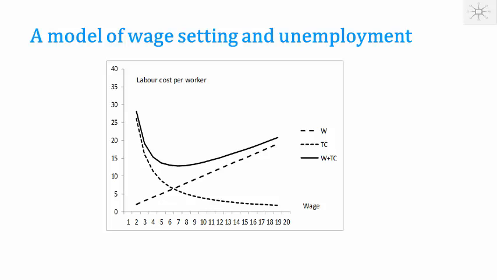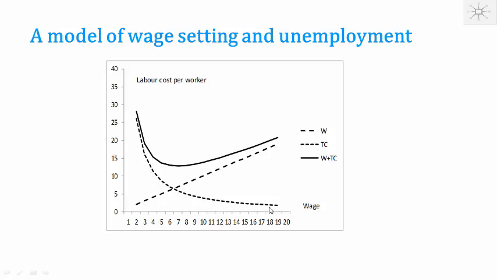On the horizontal axis, we have the wage. On the vertical axis, we have labor costs. And the costs consist now of two components. One is the wage, and the higher the wage you set, the higher is the wage cost, and that is this upward sloping line. But the other component of labor cost is the turnover cost, and that is this downward sloping dashed curve.